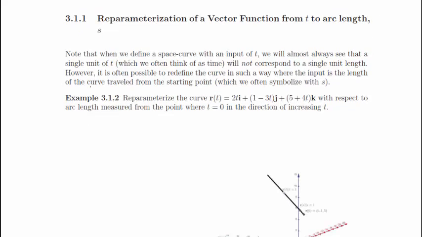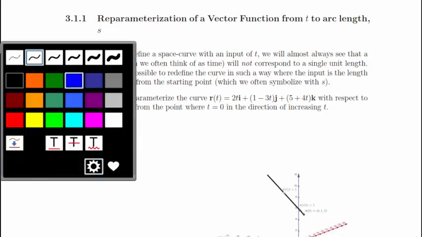So what we're saying is essentially just we want to have our curve defined in a way so that a single unit of input change will correspond with a single unit of length. So normally if we move 1 unit of input time, this is not going to have a unit length of 1.